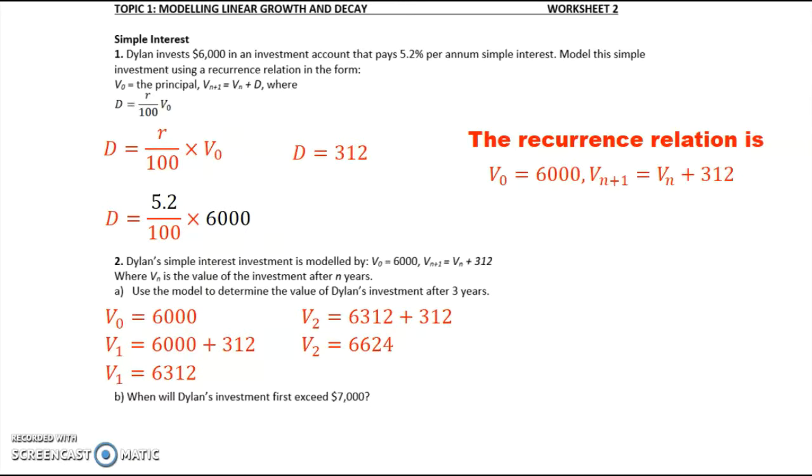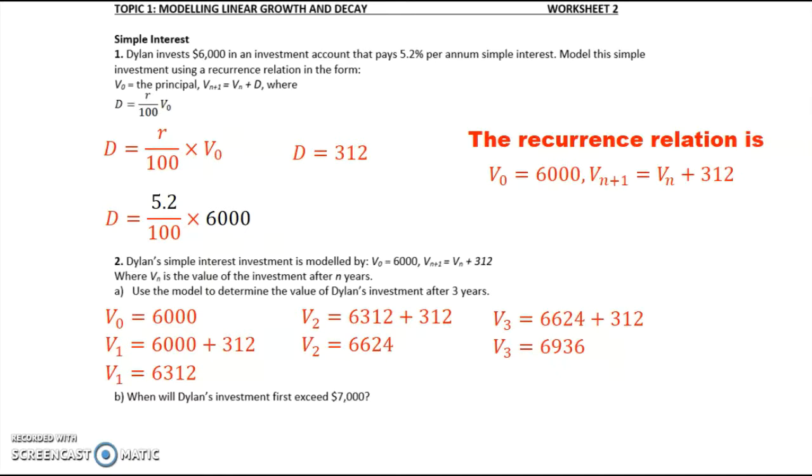Now, the question is asking for 3 years, so we have to do it one more time. V3 equals $6,624, add 312, and we end up getting $6,936. And that's basically it. That's how we use our recurrence relation to model these types of problems.